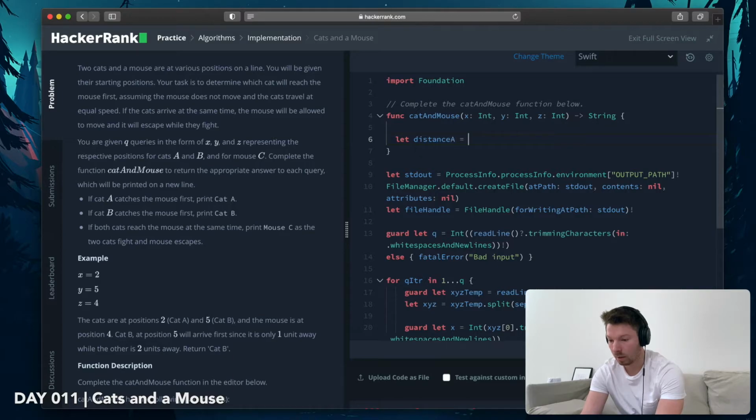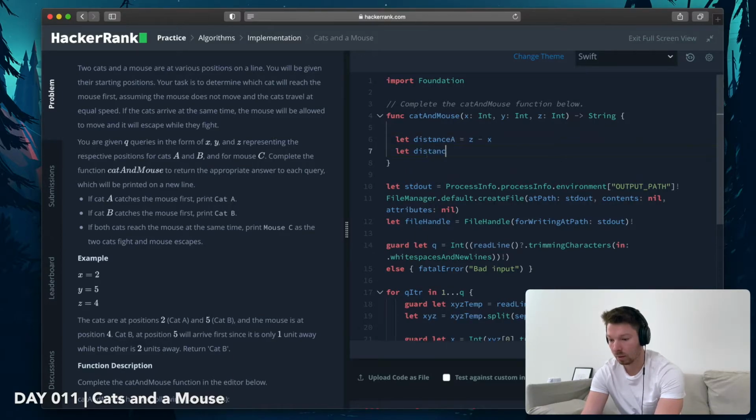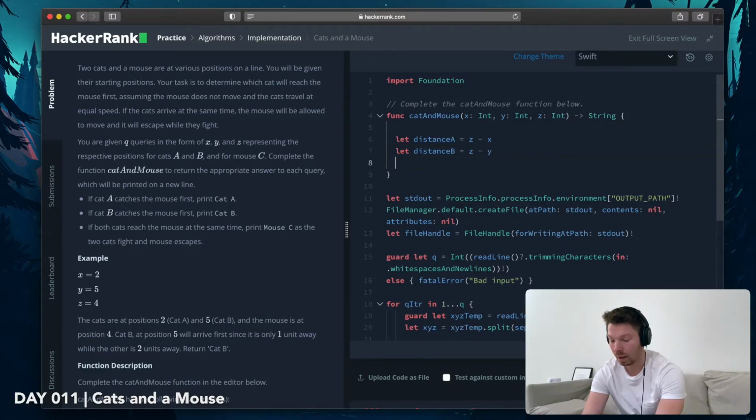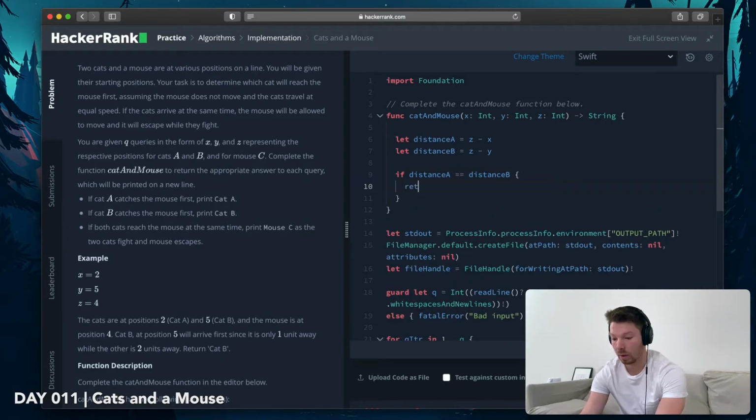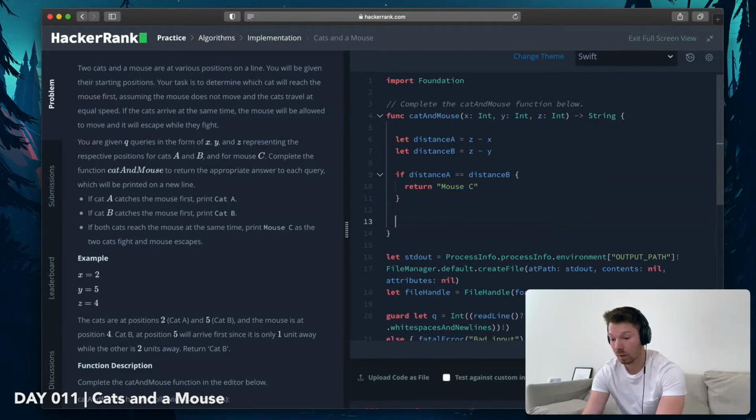Okay, equal speed. That means we want to say distance A is Z minus X and distance B is Z minus Y, right? And if distance A is equal to distance B, then they are both at the mouse at the same time and the mouse wins.